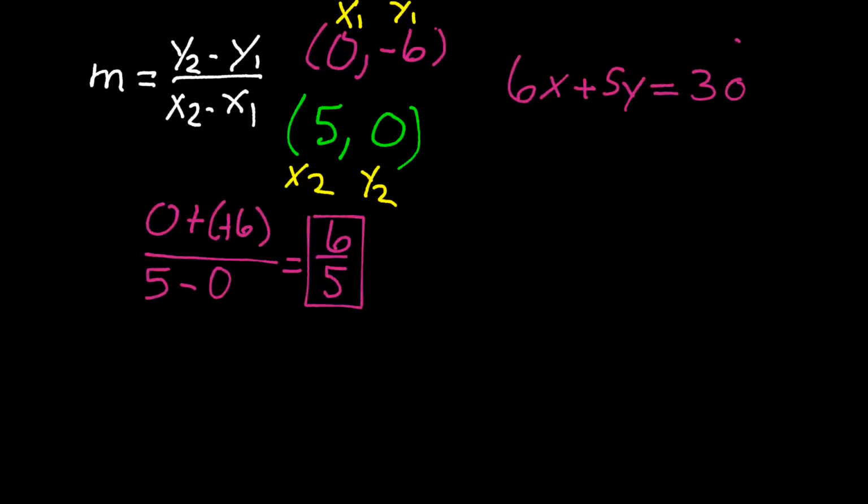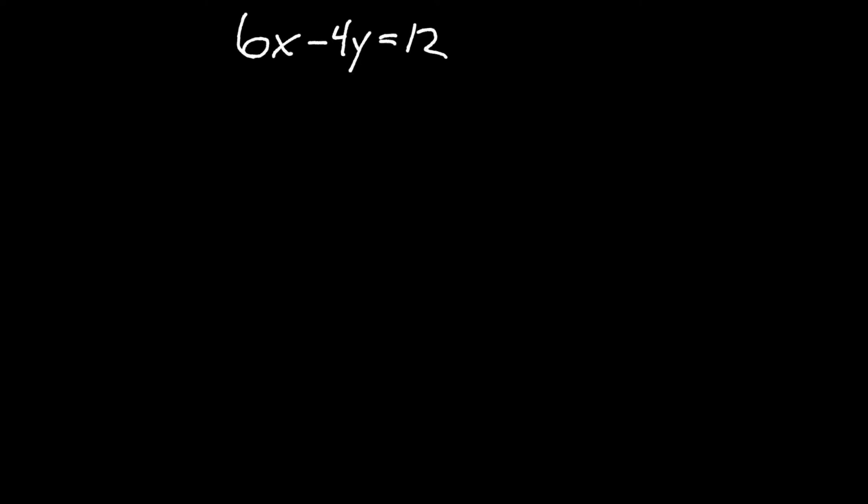It will not. Okay, let's try one more and we can see that this possible shortcut you thought of will not always be true. Here we have 6x minus 4y equals 12, and we want to get the slope of our line. Just like we did in the previous example, we need to get our x and y intercepts first.